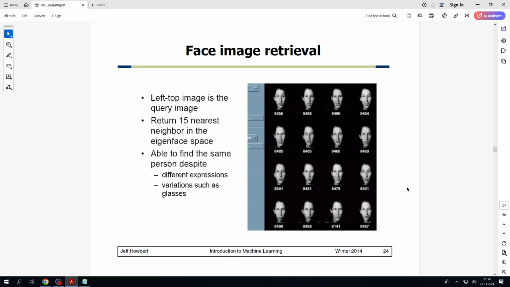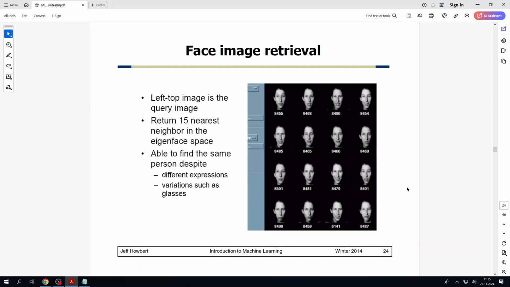In all of these pictures there is the same person, however the face expression is different, and in some pictures this person is wearing glasses, in some not. Same goes for some other accessories, but still the algorithm would recognize that person as the same person in all the pictures.